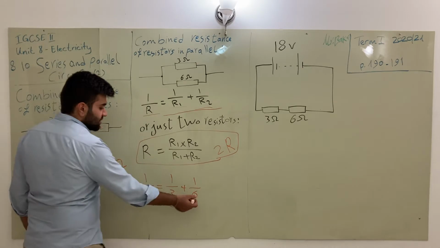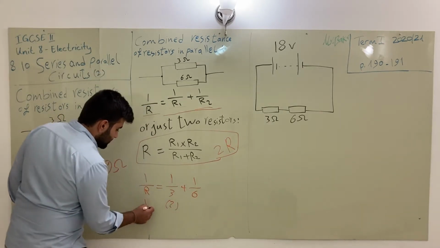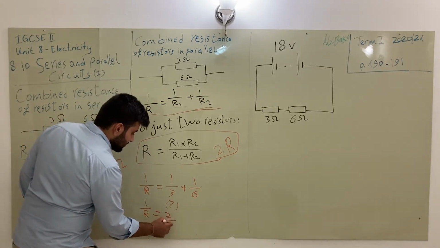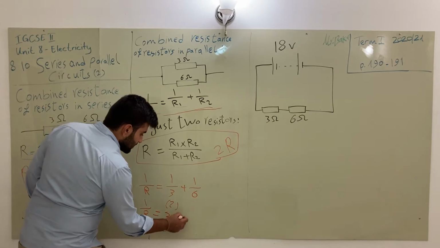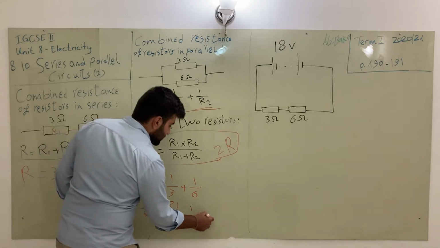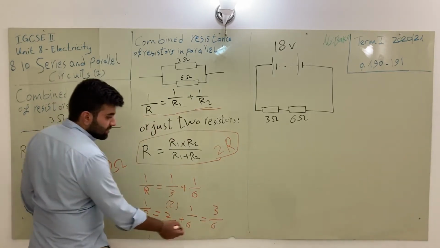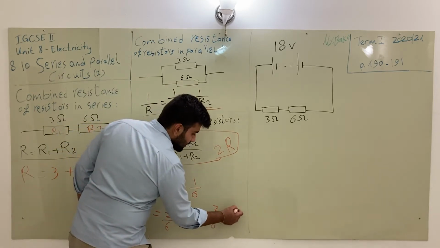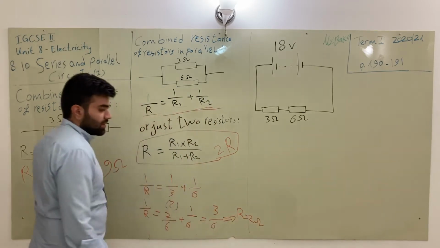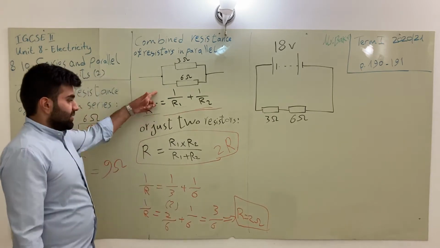So we're going to make them together, multiply this: 2 over R is equal to 2 over 6 plus 1 over 6, which is equal to 3 over 6, 1 over R. That gives us R is equal to 2 ohm. Okay? This is just for this way.